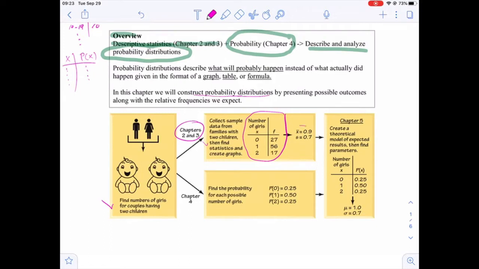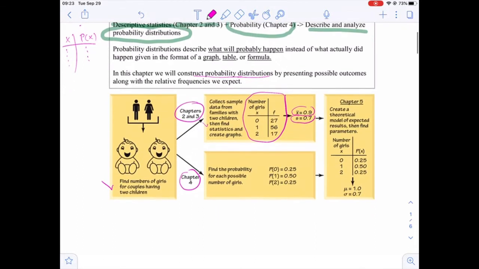After that, we can find the mean X bar, the standard deviation, and the variance, so we can find these measures. And in chapter 4, we focused on how to find probability. For example, find the probability for each possible number of girls.